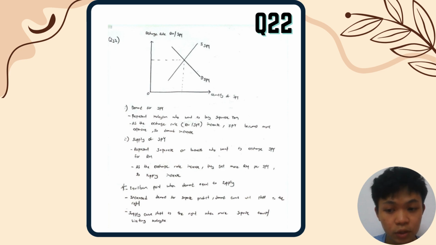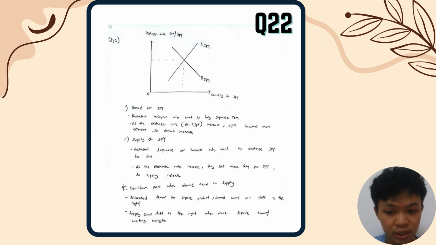The demand for the Japanese yen represents the Malaysians who want to buy the Japanese yen. As the exchange rate increases, the Japanese yen becomes more expensive, so demand will be increased. The supply of the Japanese yen represents the Japanese businesses who want to exchange Japanese yen for RM.